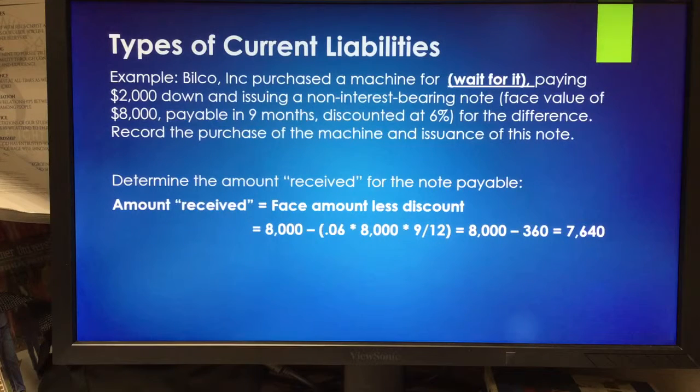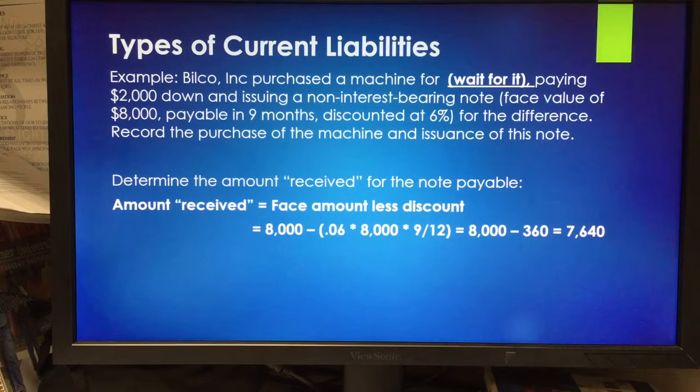And you can see how the discount is figured here, very much like interest, PRT. I've got these reversed for reasons I can't explain, but there it is. $8,000, the principal, that is the basis for calculating this discount, times 6%, the discount rate, times 9/12, the period involved. And so you can see that gives us $360 of discount.